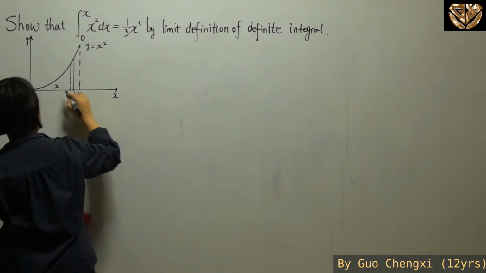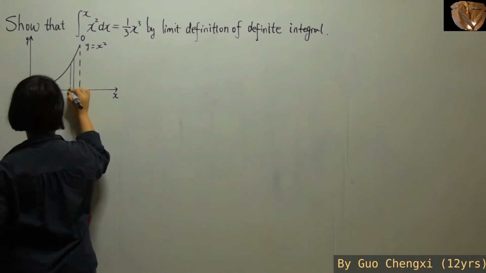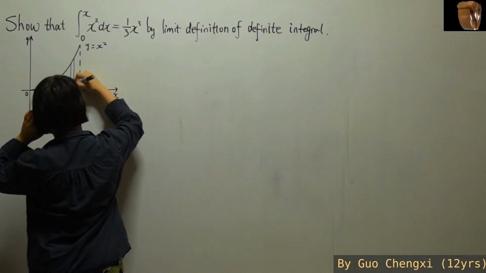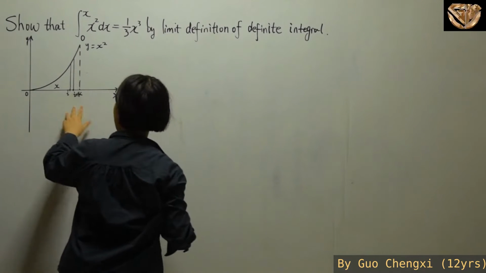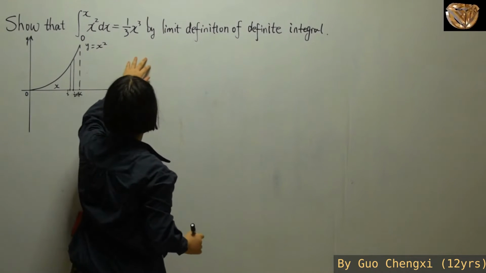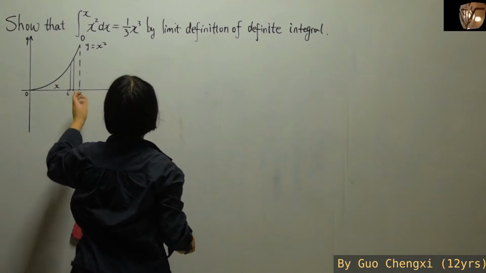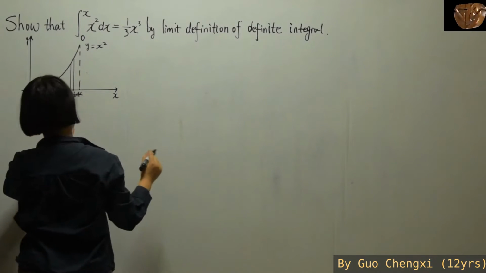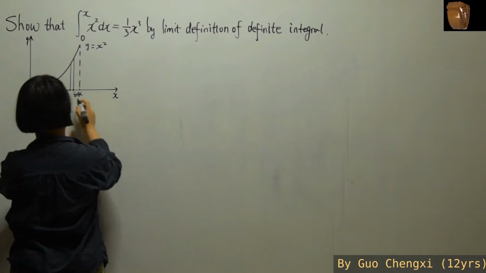Like this, okay? Now that we have this part, in order to find the area, what we'll need to do is to add a lot of the strips together, right? So we'll be calculating these strips.